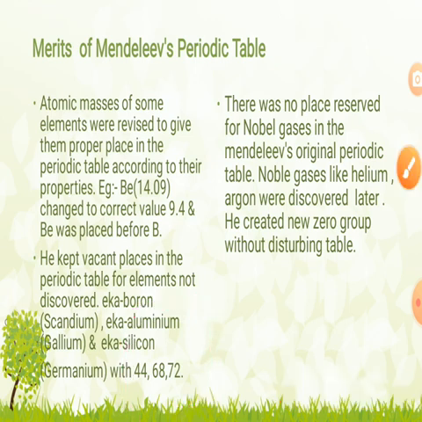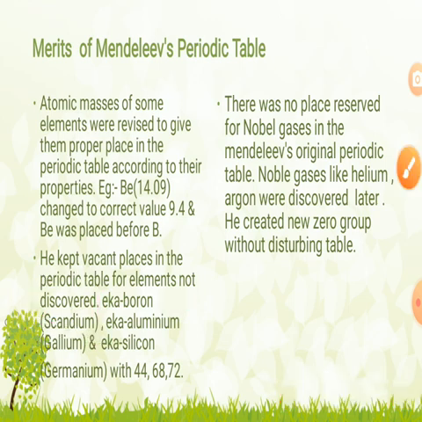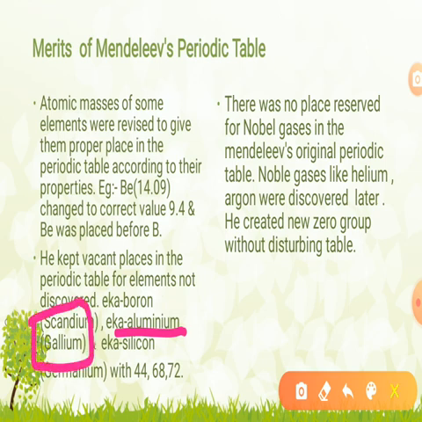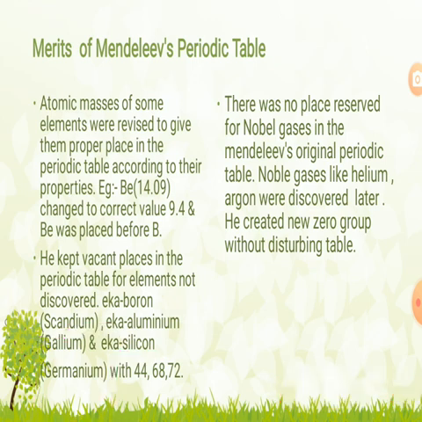Not only the properties, but later when these were discovered, instead of Eka-boron, it was discovered as scandium. Instead of Eka-aluminium, the name given was gallium, and for Eka-silicon the name given was germanium. Thus, Mendeleev's periodic table and this method of classification of elements was accepted immediately.